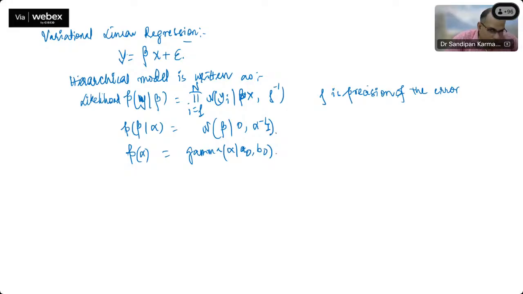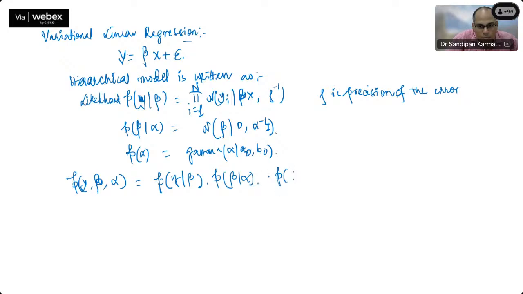So the joint distribution will be p of y, w, alpha, that is y, beta, alpha, and it will be p of y given beta multiplied by p of beta given alpha, and then p of alpha.